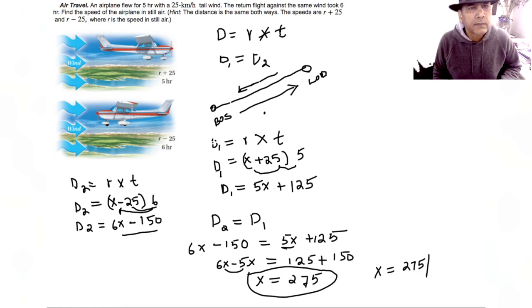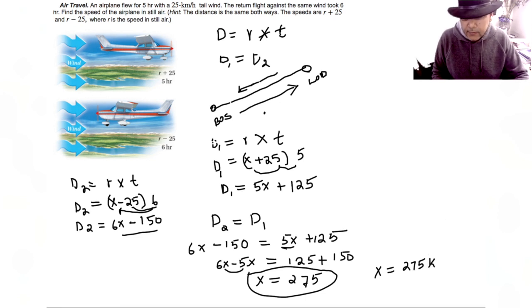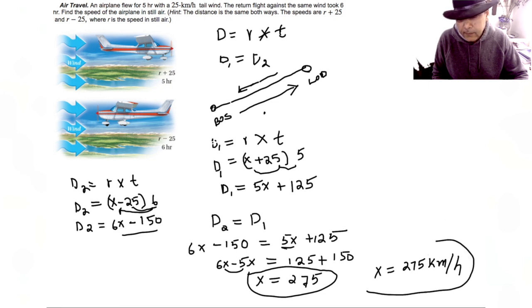The unit rate we were given is kilometer, so we're gonna call it kilometer. One second, let me erase a little bit. We're gonna say the speed of the aeroplane is 275 kilometers per hour. So that's it. This is our final answer.